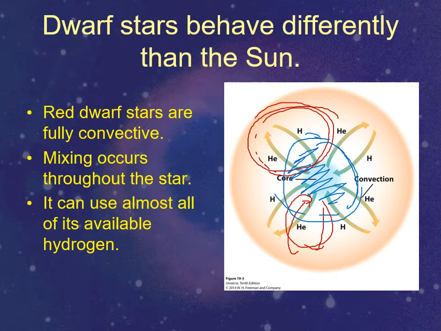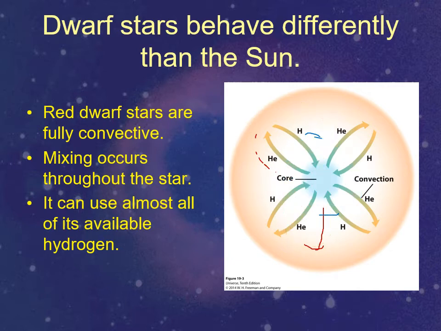Well, for the little bitty red dwarf stars, the entire star is convective, which means that, yeah, you might run out of hydrogen right in the middle where it's fusing, but you're constantly circulating the star and bringing extra hydrogen in and then pulling some of the leftover helium out of the way.